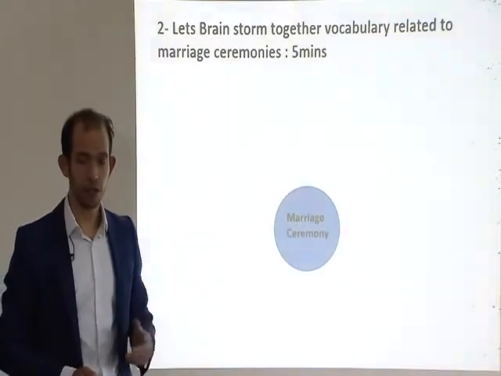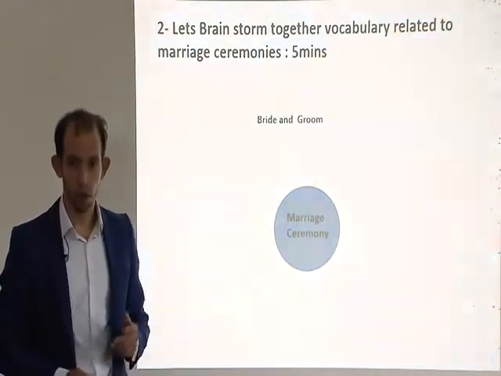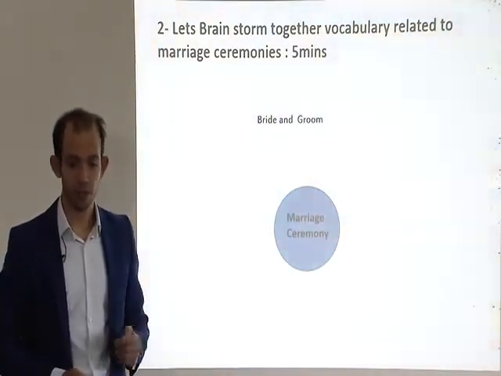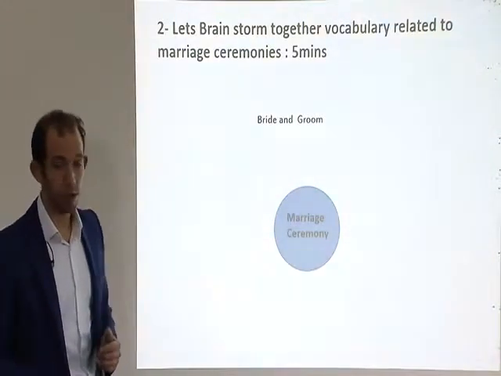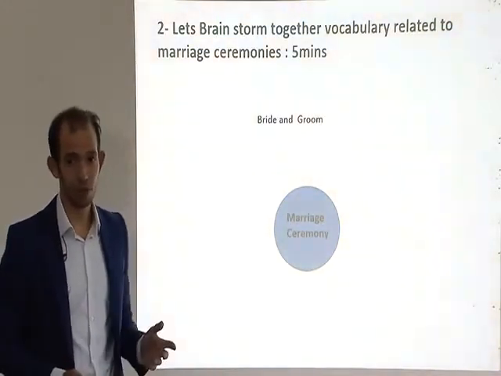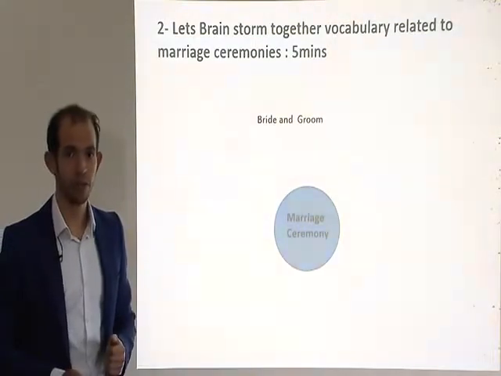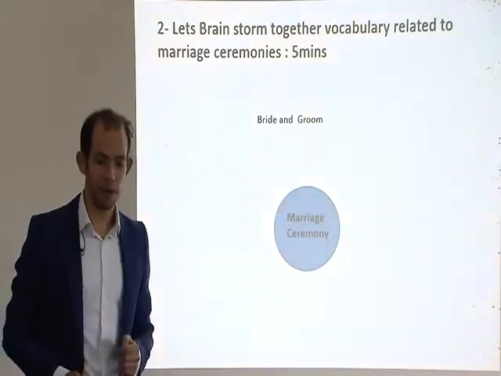So I'm going to give you some of the words, some of the vocabulary related to marriage ceremony. Bride and groom, you have just seen them, are the man and the woman getting married.